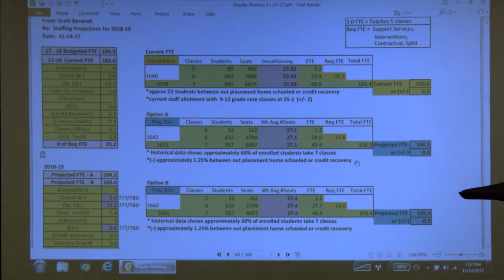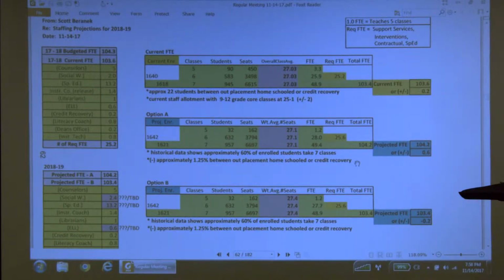A 1.0 full-time equivalent, or full-time employee, here is 5 classes. So a traditional teacher is full-time when they teach 5 classes. The other definition, it's shortened just so everything fits on one page. It's abbreviated for required FTE.